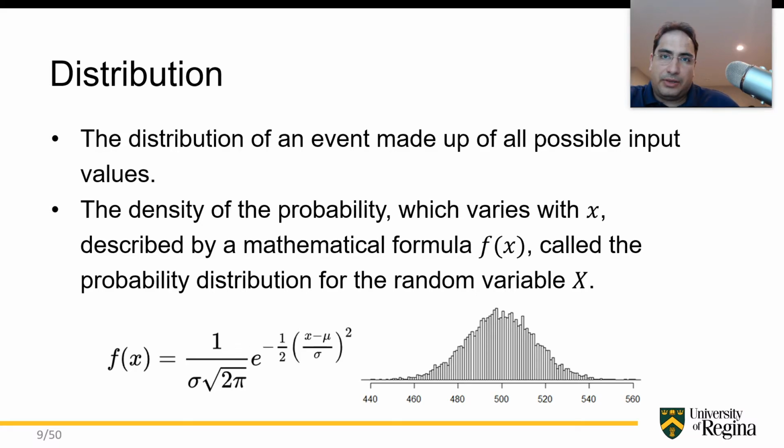Now let's talk about how we could use these estimates to understand the distribution of the population. Just as a reminder, the distribution of an event, or any data, is made of all possible input values.